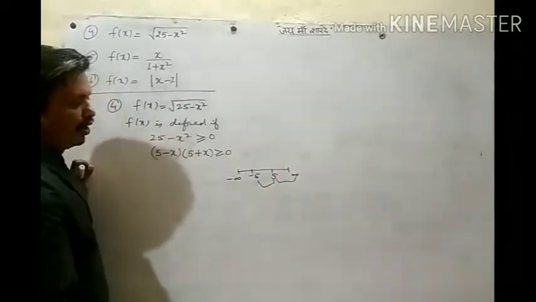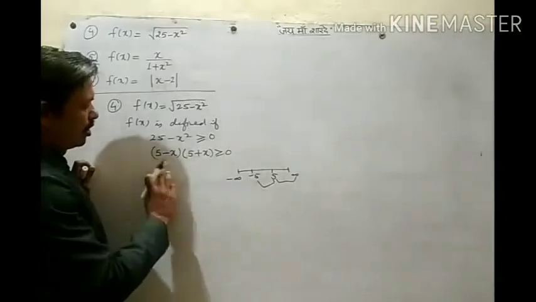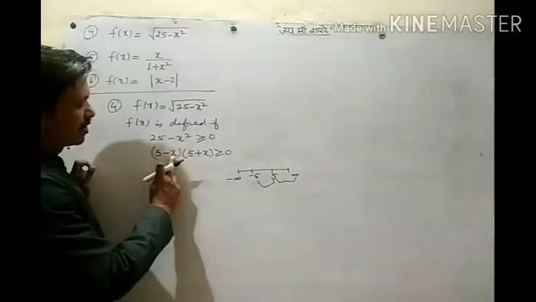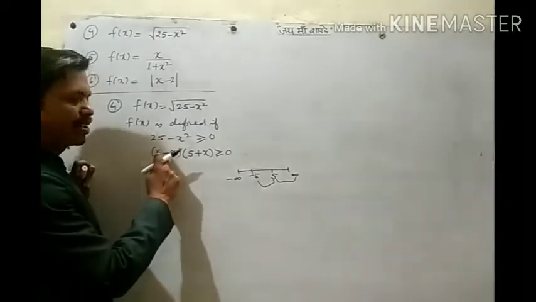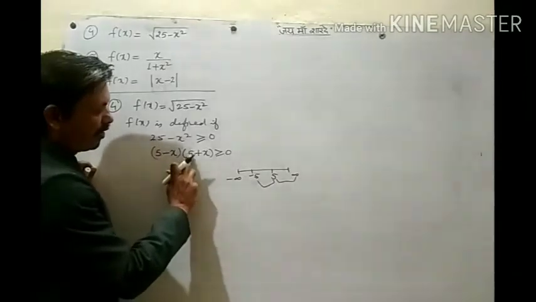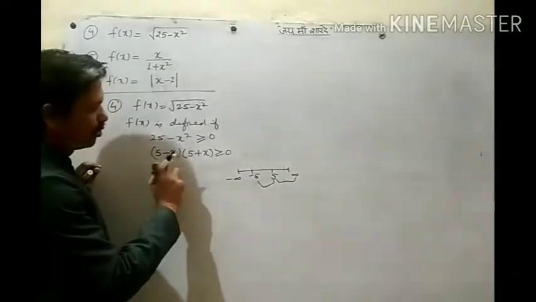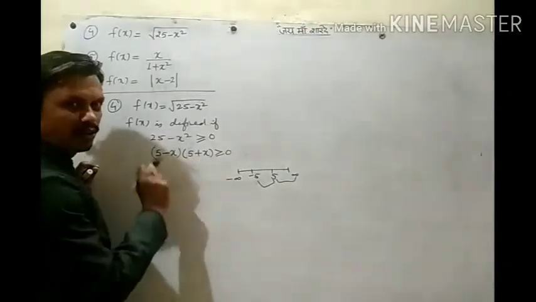Okay? So take one value from this group, say minus 6, then 5 minus minus 6 means positive value. Now 5 plus minus 6, 5 minus 6 will be negative, so positive into negative will give negative value, but we need positive, so it is wrong.